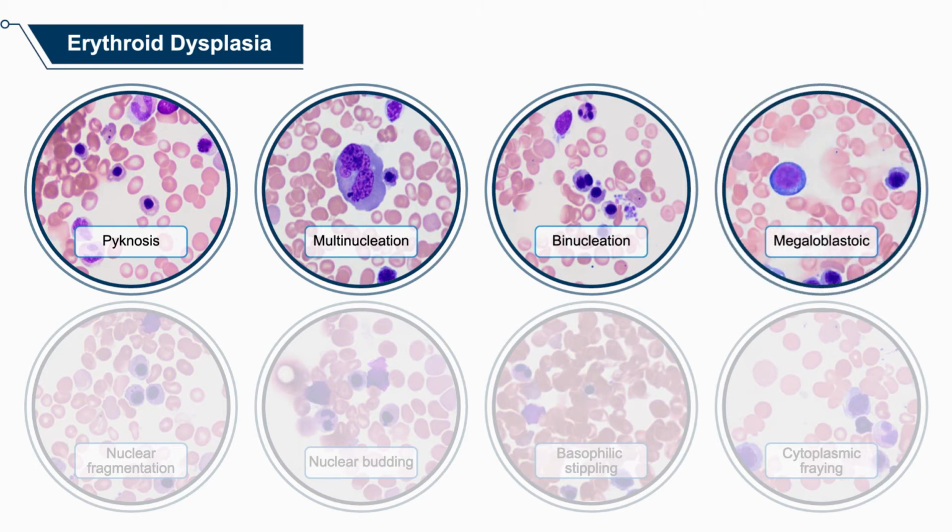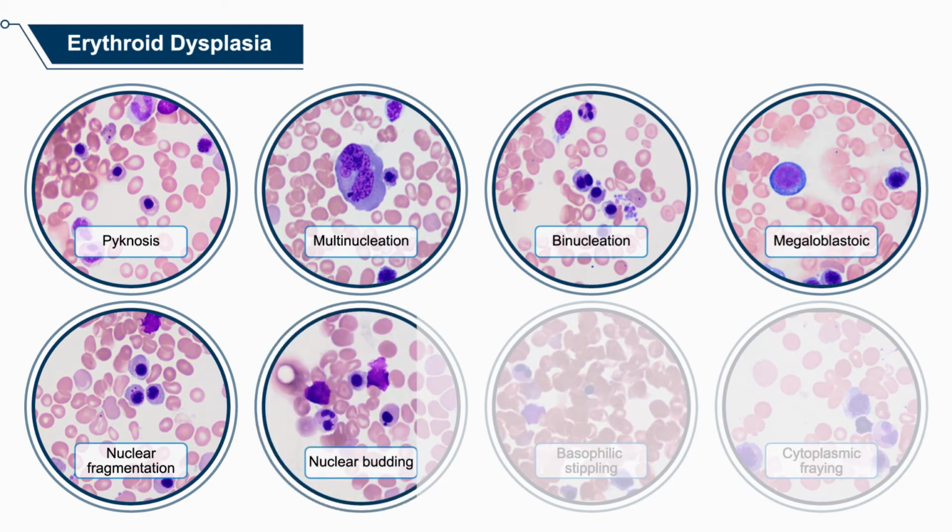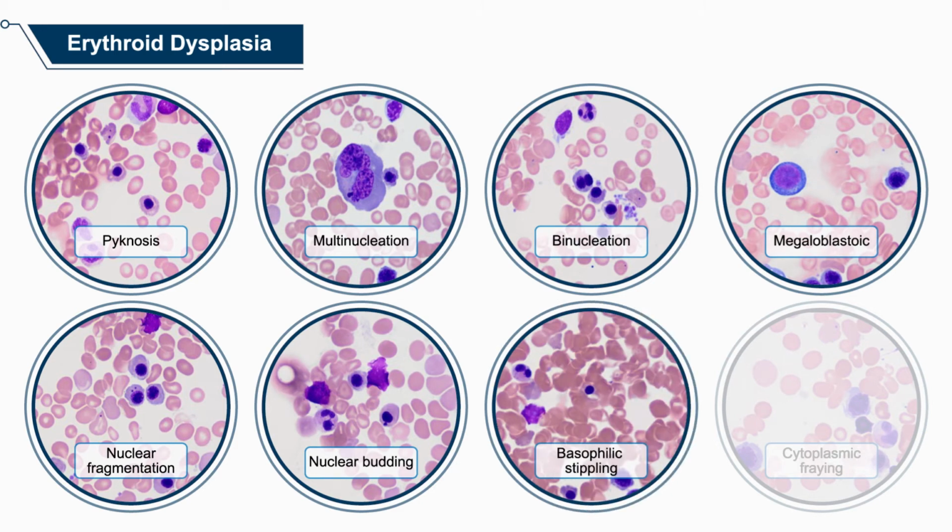Megaloblastoid or asynchronous maturation can be a feature. Nuclear fragmentation can be seen as a form of dysplasia, as can nuclear budding. And then basophilic stippling of cytoplasm is a feature of dysplasia, as is cytoplasmic fraying, which is this irregularity on the edge of the cytoplasm of this erythroid precursor.